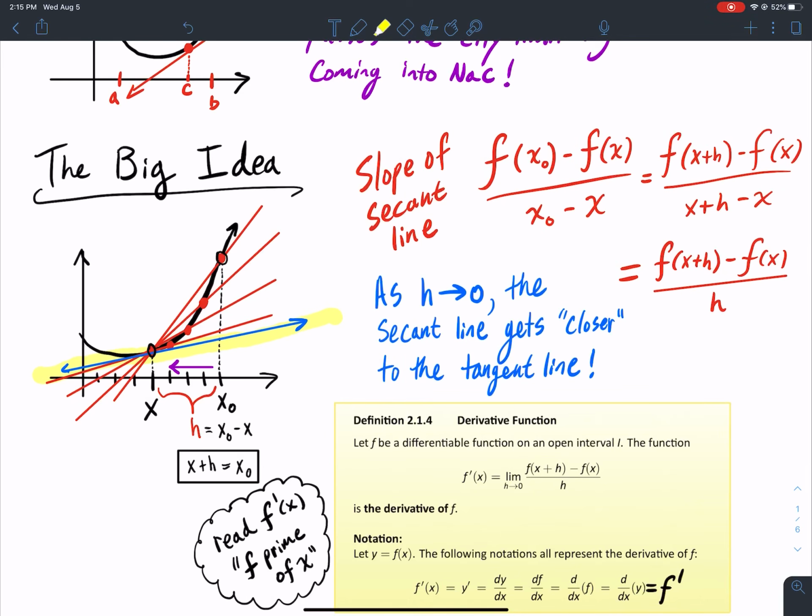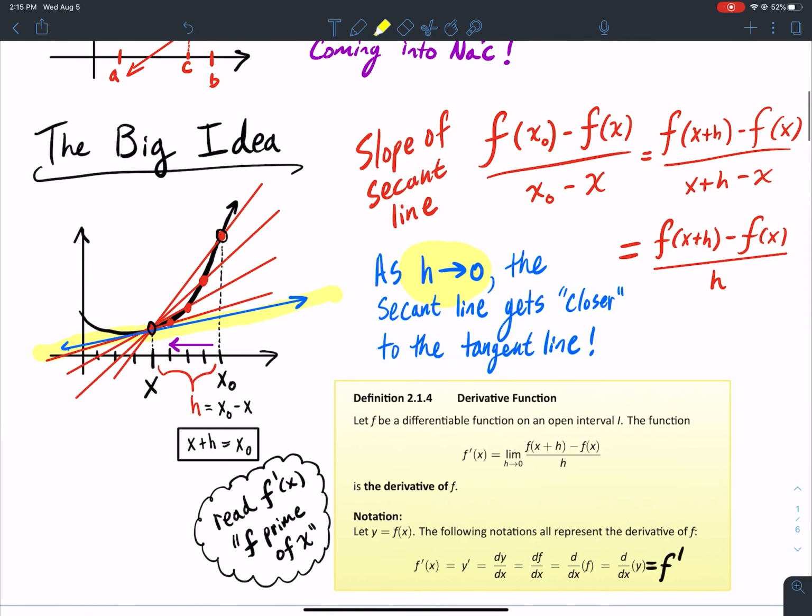And when I'm taking the idea of limits, I'm actually able to push it beyond and say this is the instantaneous rate of change. Okay, so very, very powerful stuff.